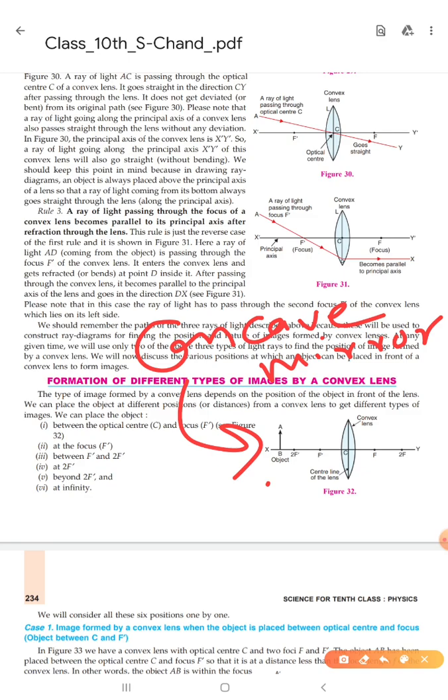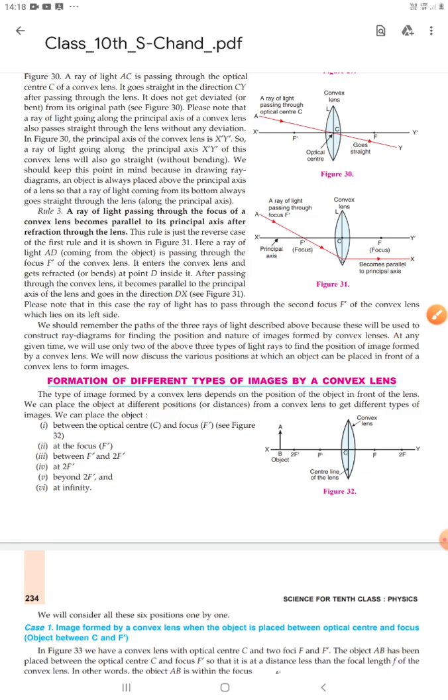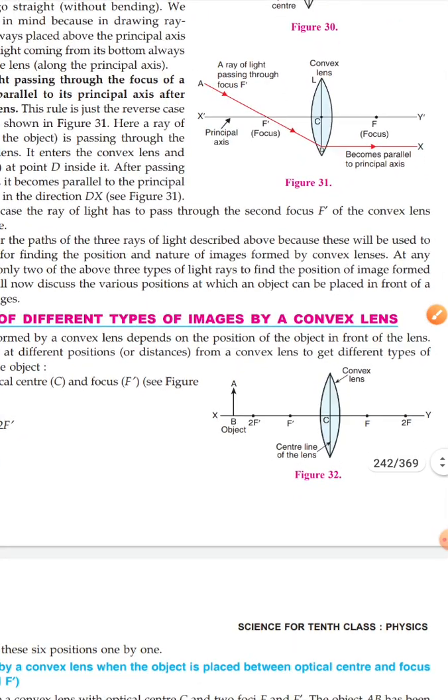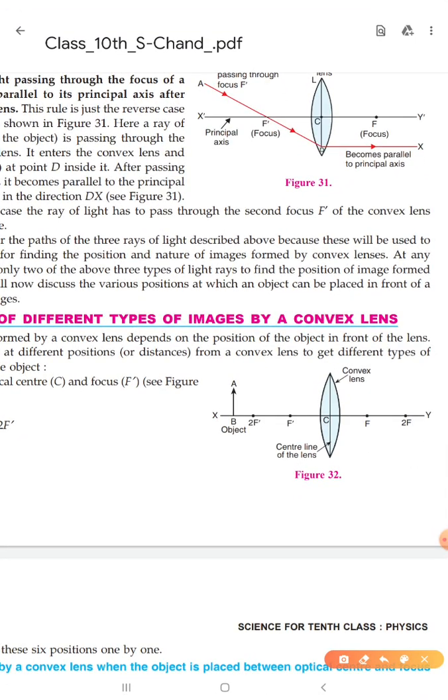Got it? So in these 6 cases, we draw all kinds of images. At first, when the object is between focus and optical center, then when the object is at focus, then when the object is between f and 2f, then beyond 2f, like that.